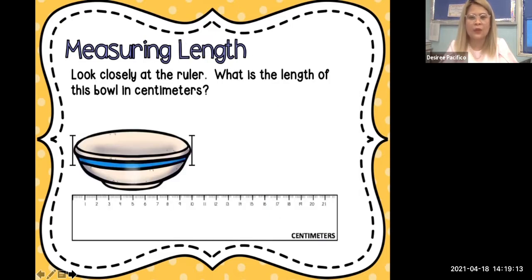Okay, how about this bowl in centimeters? Remember, we are using centimeters now. If you can see, the lines are shorter and the spaces are smaller. 10 centimeters, because the bowl goes up to 10 centimeters.